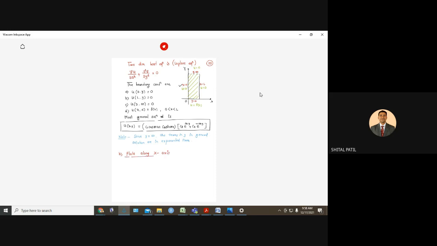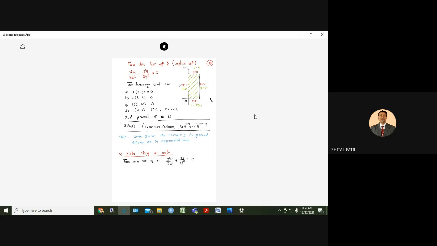Plate along x-axis. Okay, so the two-dimensional heat equation has no change in the equation.